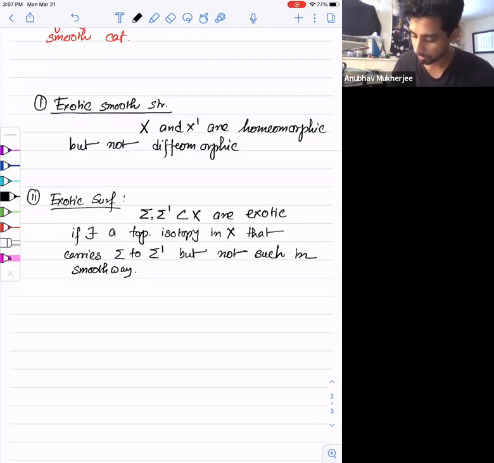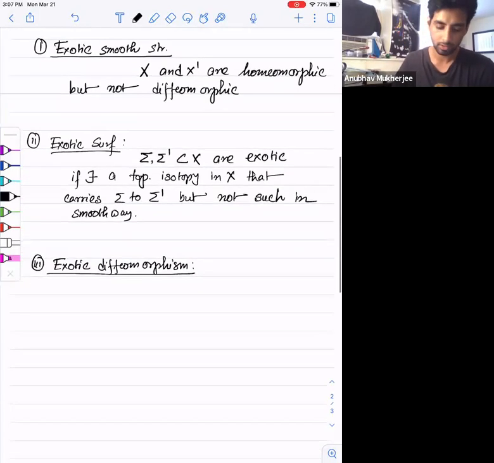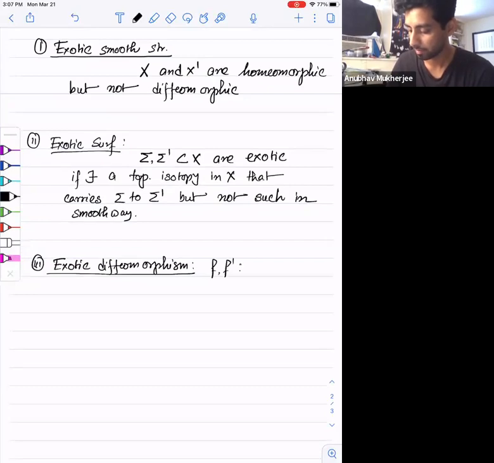And the third notion is exotic diffeomorphism. By exotic diffeomorphism, I mean a pair of diffeomorphisms from X to X that are topologically isotopic, but not smoothly.